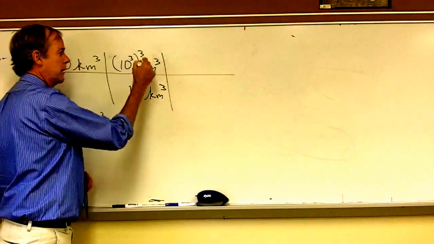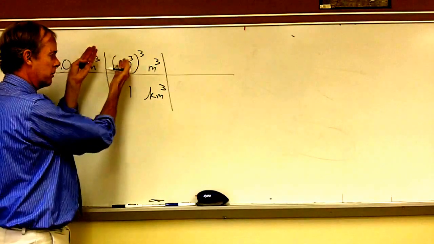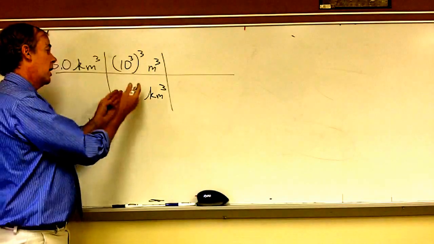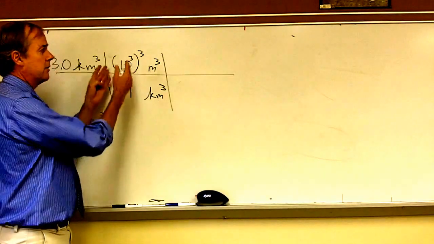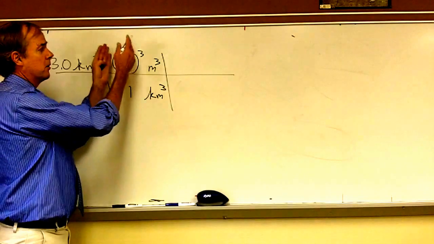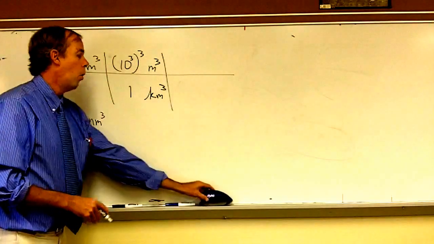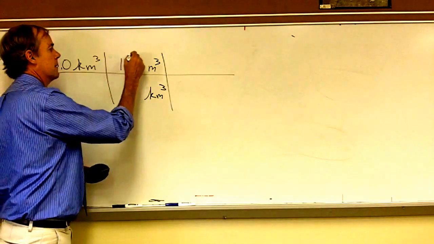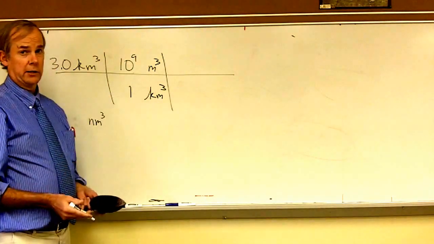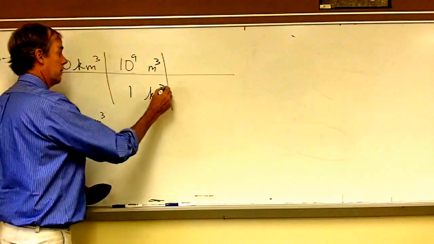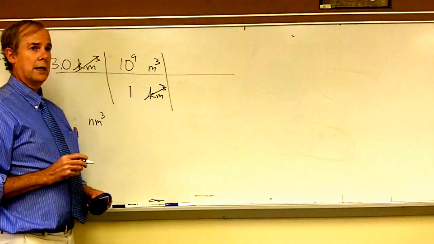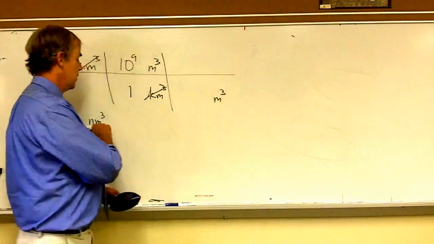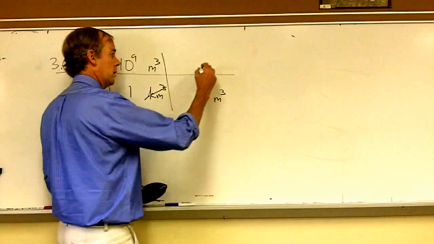But if I'm cubing the meters, for this to still equal numerator and denominator, I must cube the 10 to the third. So yes, a cubic kilometer is the same as 10 to the third cubed meters cubed. Or if you prefer, 3 times 3 is 9, 10 to the 9th cubed. Both are equally correct. Both will get you the right answer. Kilometers cubed cancel. I then can make the final conversion to nanometers cubed, which is what I want.